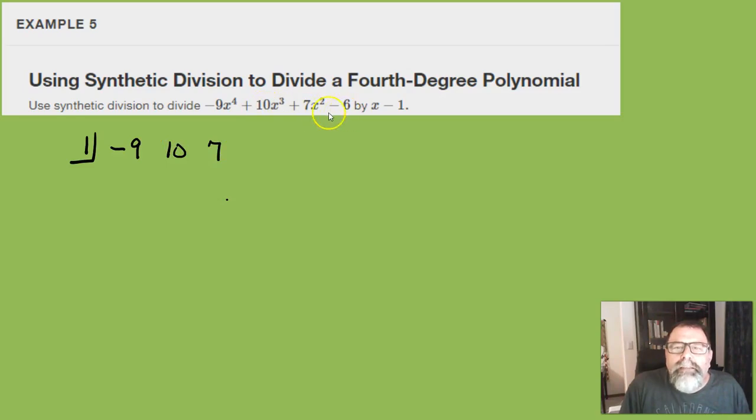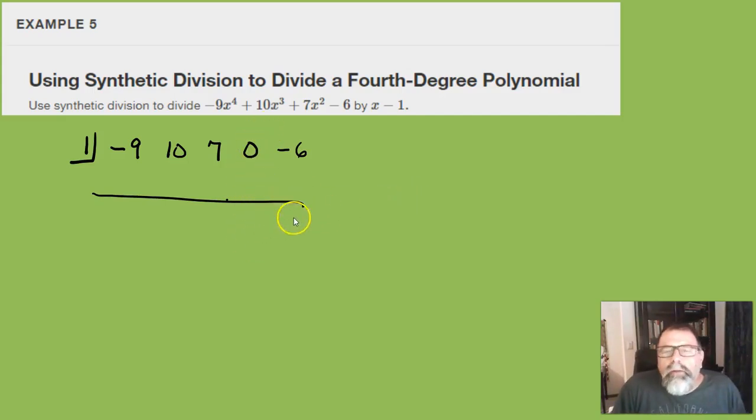There's no x's in here, so you need to put a 0 for that placeholder. So we got x to the 4th, x cubed, x squared, x, which is 0, and then the constant is -6. Now if you forget to put that placeholder, you'll get the wrong answer because you're going to be off 1. You're not going to have anything for your remainder.